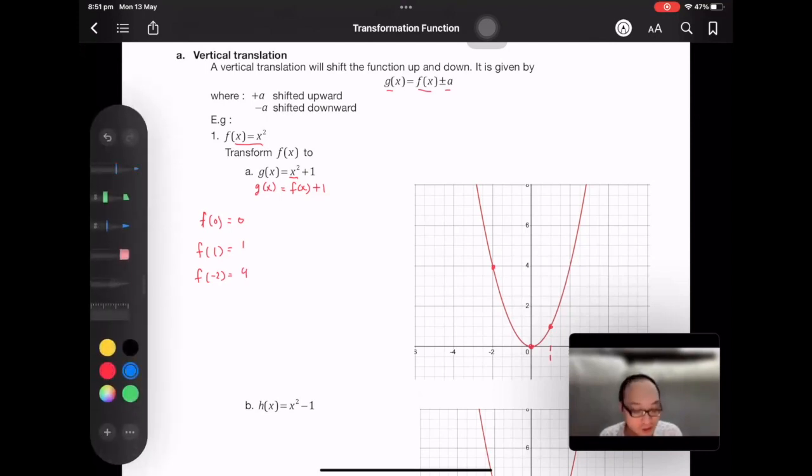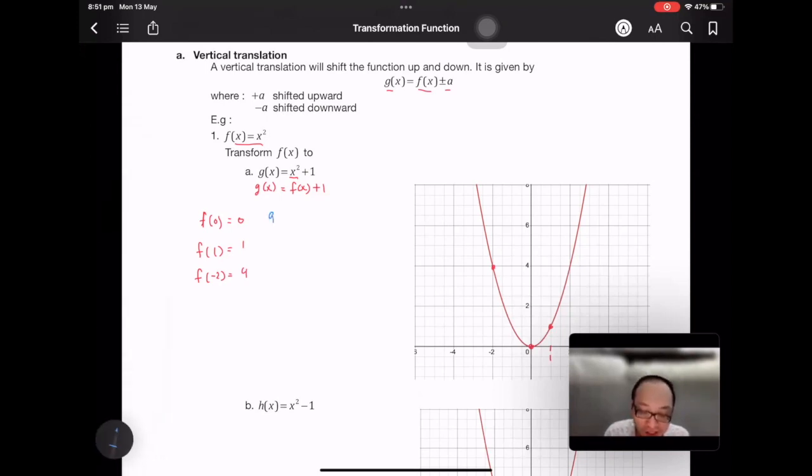Now, how about g(0)? According to the expression, it's f(0) plus 1, which is 0 plus 1 equals 1. And g(1) equals f(1) plus 1, which is 1 plus 1 equals 2.